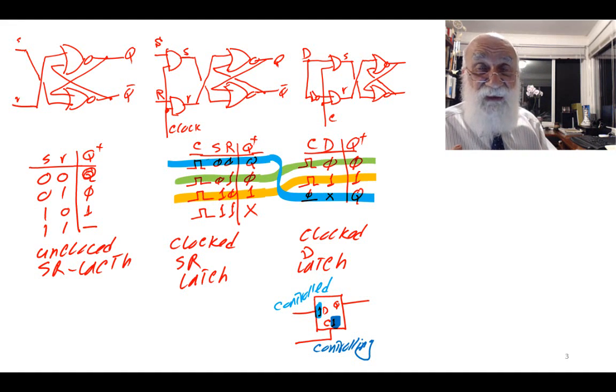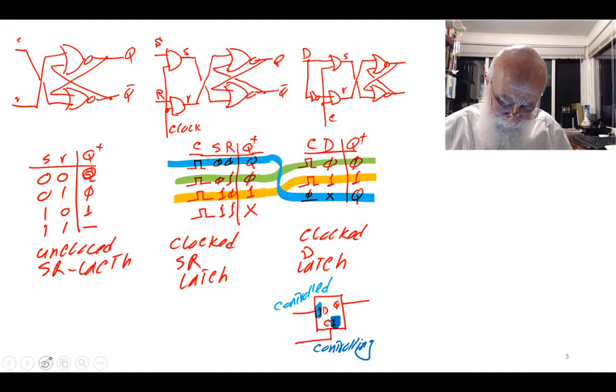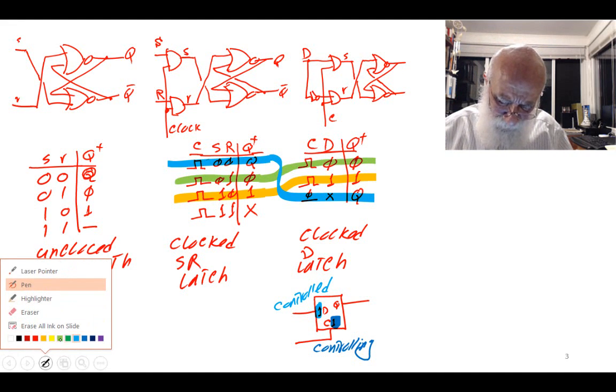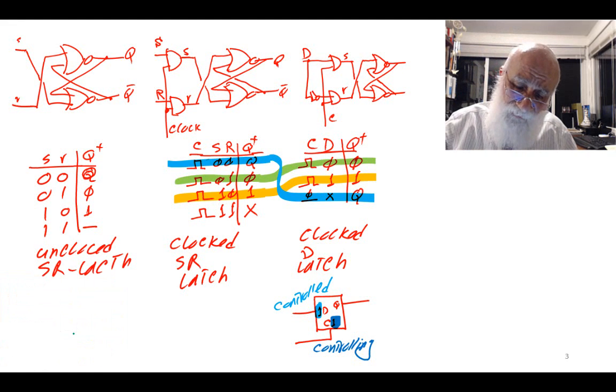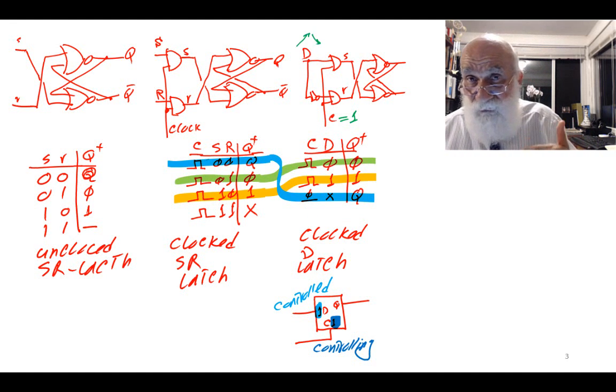Some of the properties of this circuit: it is transparent. What does transparent mean? Look at this, I'm going to put some values here. If my clock is 1, D changes, goes from 0 to 1, 1 to 0. According to the table I have, if the clock is 1, a 0 on D transfers to the Q, a 1 on D transfers to the output.